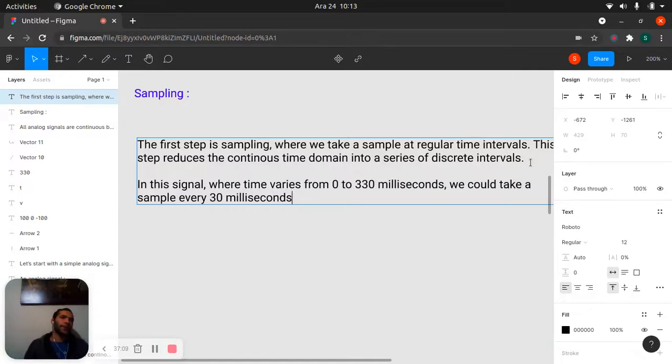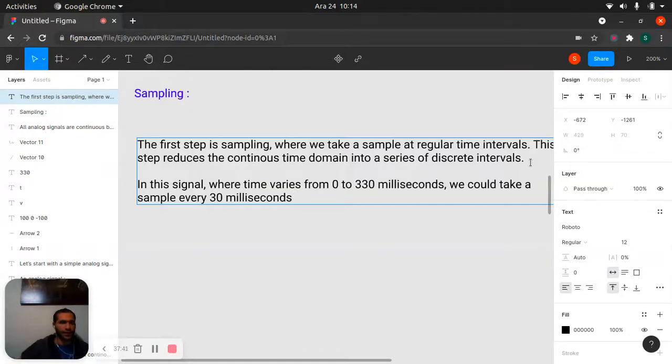Okay, what we have to do is explain the situation. We will separate it into maybe 12 pieces, so we can generate 12 sampling areas, and it will be 330 divided by 12.